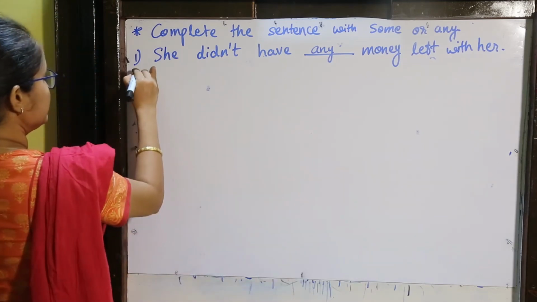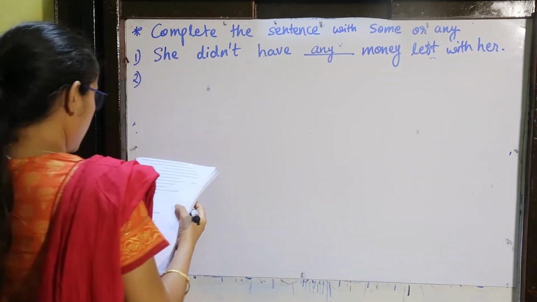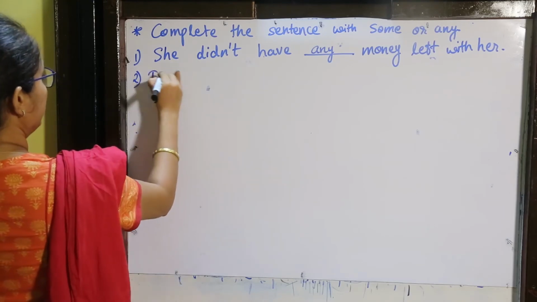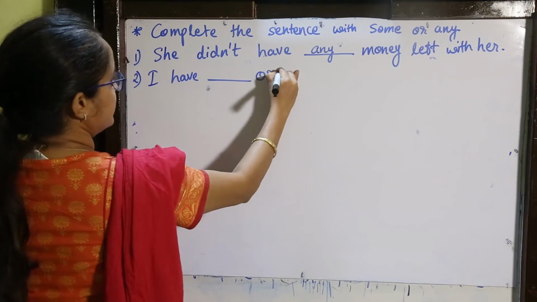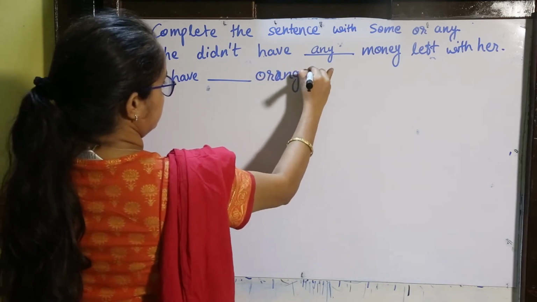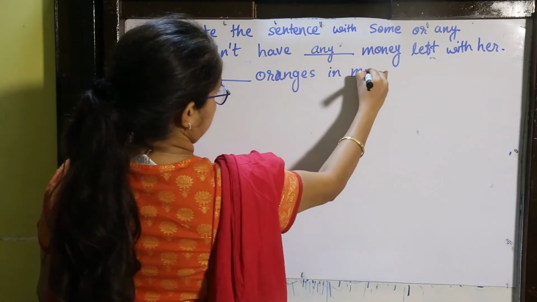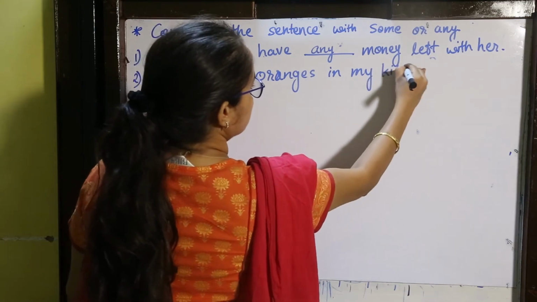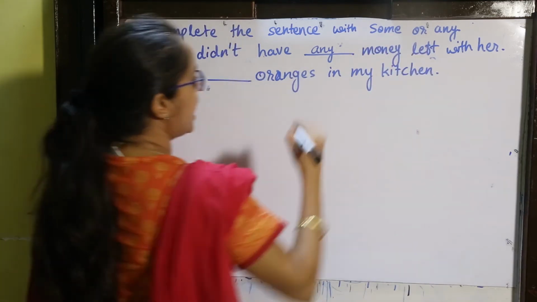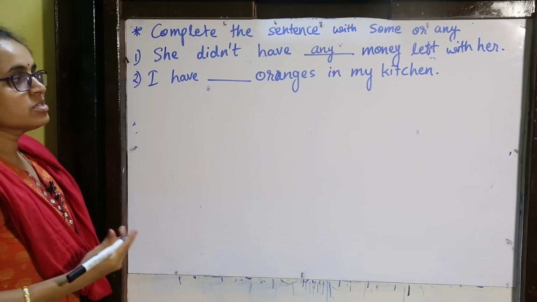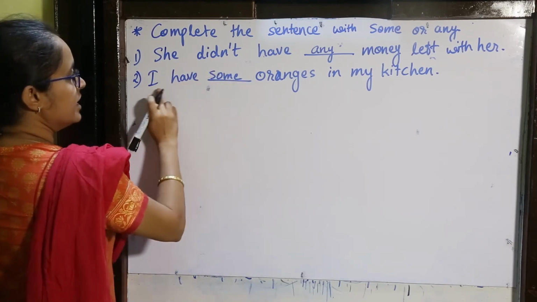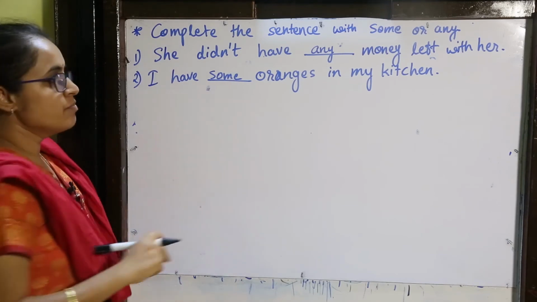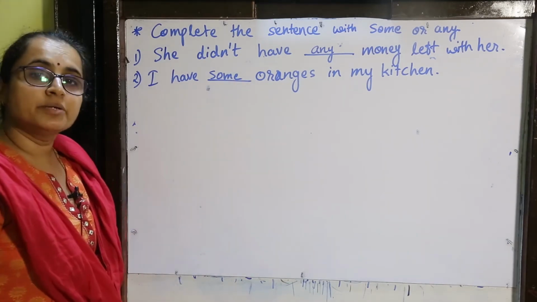Okay. Now please write the second one. I have oranges in my kitchen. So here what will you use? I have any oranges or some oranges? Some oranges. First point, it is a positive sentence, and second point, oranges are countable nouns.